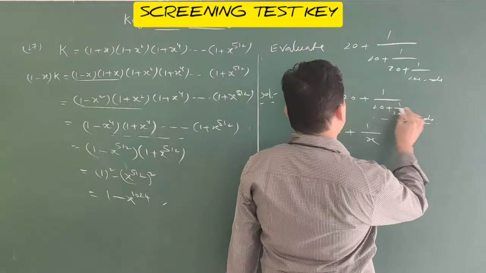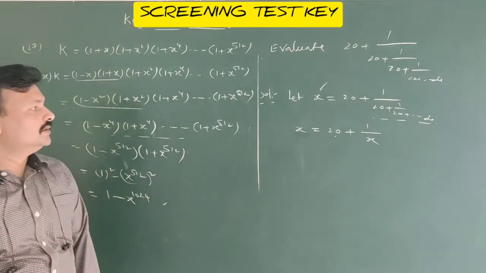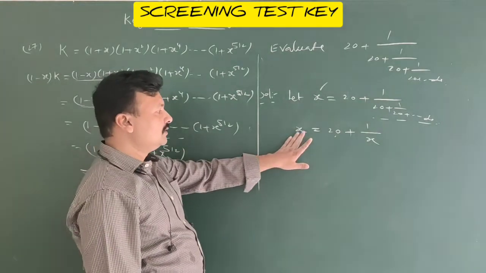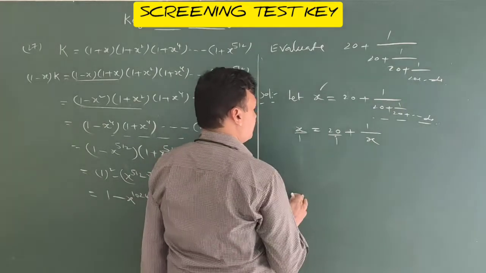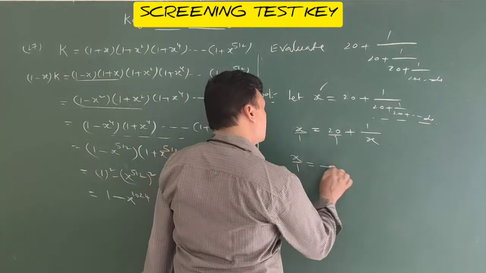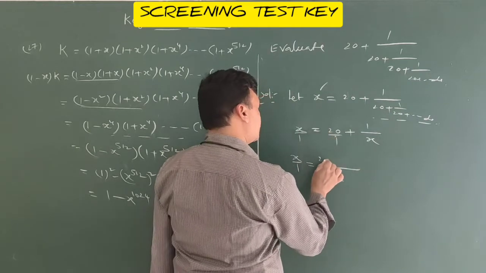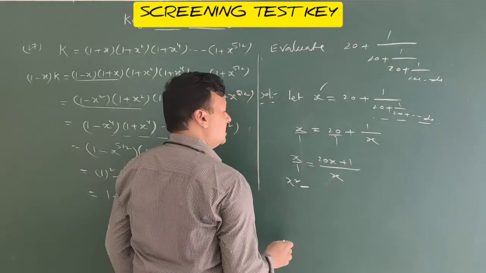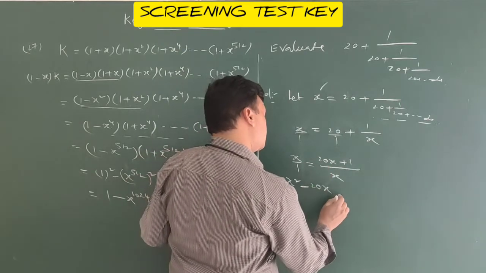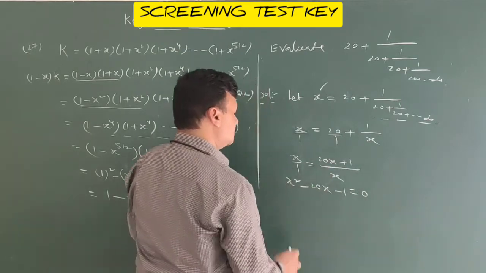So here x equals 20 plus 1 by x. Taking the LCM, x into x equals 20 into x, 20x plus 1. Here x square minus 20x minus 1 equal to 0.